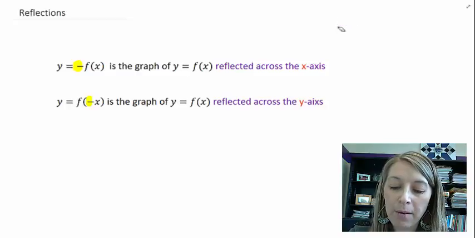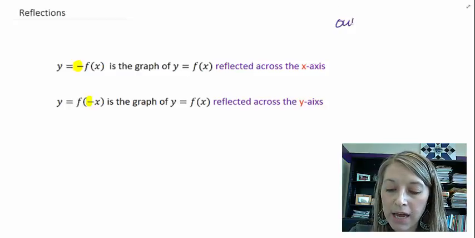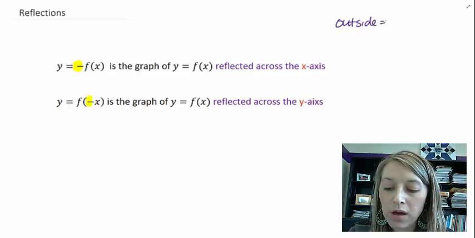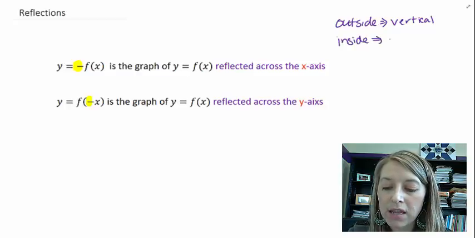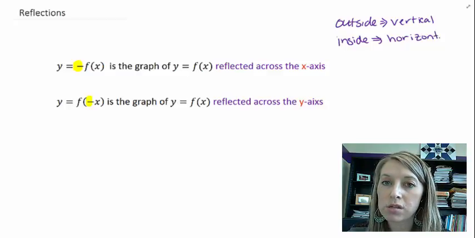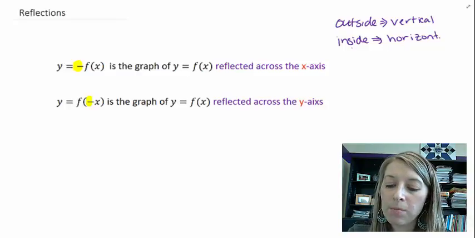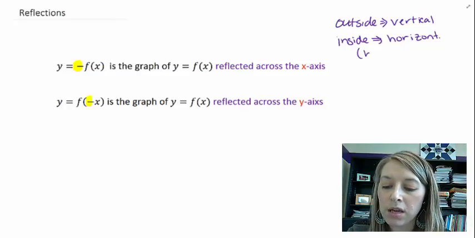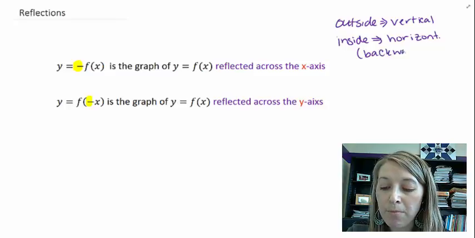Anytime it happens on the outside, that's going to affect our vertical transformations. Anytime we see it on the inside, that's going to transform it on the horizontal transformations. Now, we don't actually see it here on the reflection, but remember, anytime it's happening inside or horizontally, we want to think that it's happening backwards.